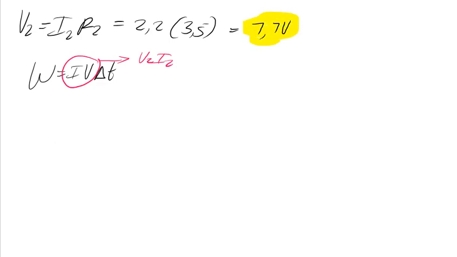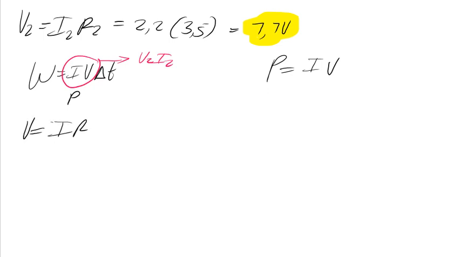If we didn't know it, we're going to use the alternative formulas. Remember, P is IV. Let me show you how to change this formula. So remember, power is equal to IV. It's a standard. You replace that IV with power. Then what is V from Ohm's law? V is equal to IR.